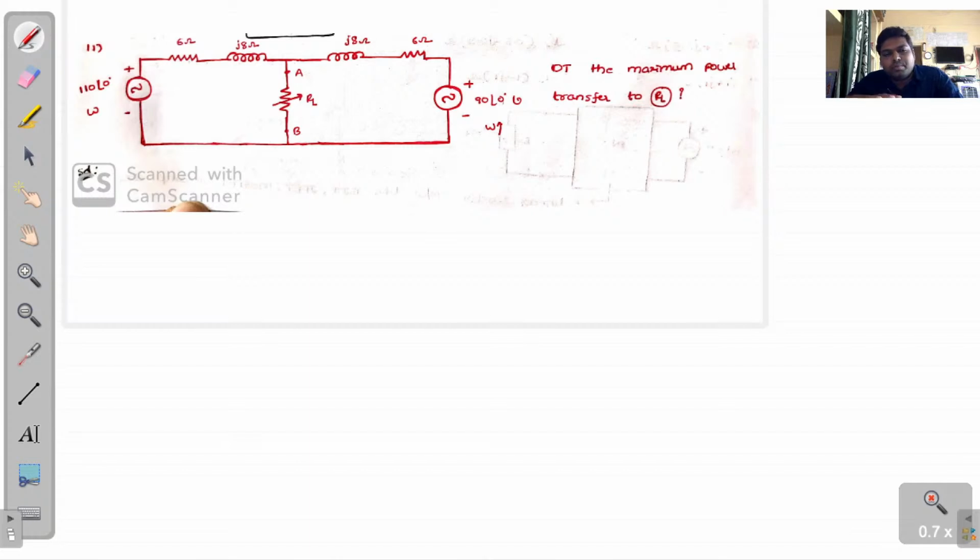Then the entire circuit should be converted to the Thevenin model, otherwise we can call it as Vs and Zs. And then you can compare with the maximum power transfer theorem, like ZL equals to Z Thevenin conjugate, otherwise ZS conjugate. Like that, you can apply the MPT. So these two problems are homework for you from maximum power transfer theorem, right?